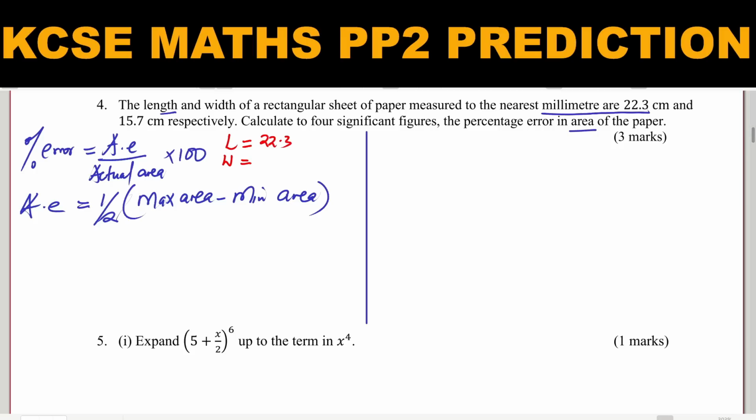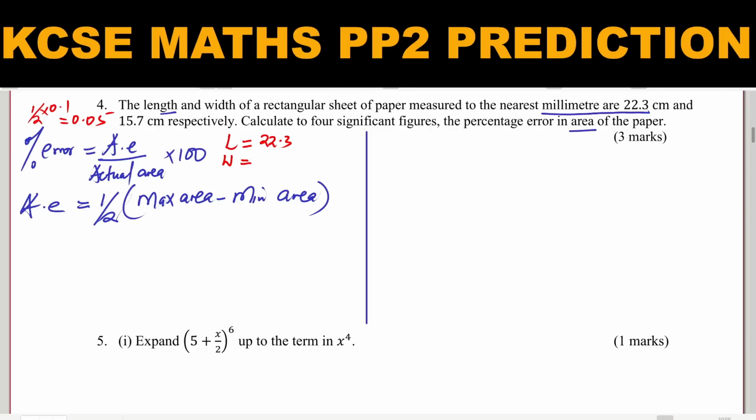The smallest unit of measurement is 0.1. So the absolute error in that measurement will be a half times 0.1, which will give 0.05. In both of them, they are measured correct to the nearest millimeter, that is correct to one decimal place. So the absolute error in each of the measurements will be 0.05.